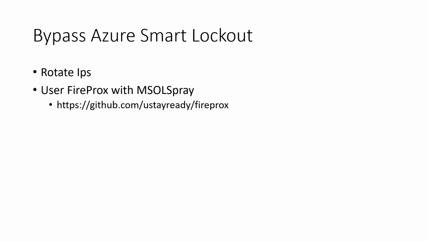There are some heuristics around that, but it's fairly easy to bypass. It locks in on IP addresses, but if you have a proxy that rotates IP addresses with MSOL sprays, it's pretty easy to get around Smart Lockout. So just something to be aware of if you implement Smart Lockout and you think you're safe from this attack.